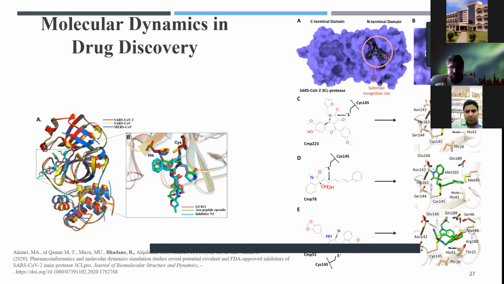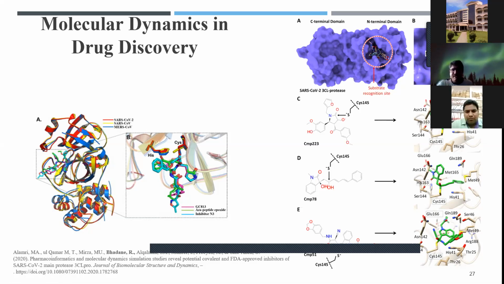As covalent inhibitors, we took a covalent focus library, the SNX covalent focus library, and for non-covalent interaction, we chose the FDA approved inhibitors, which are already in the market. Then we performed the screening.